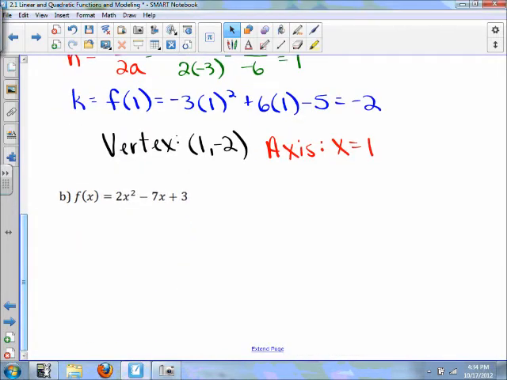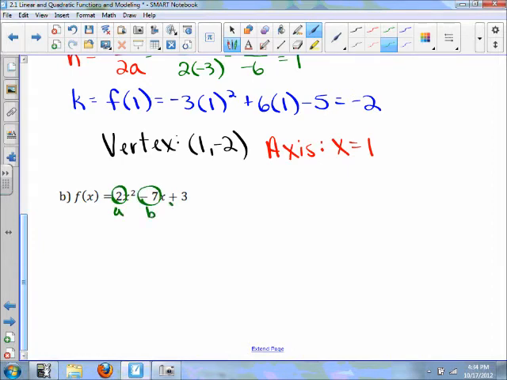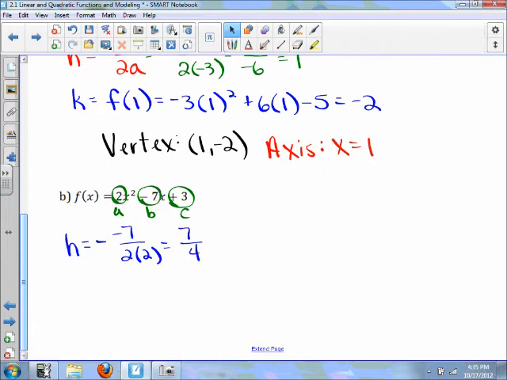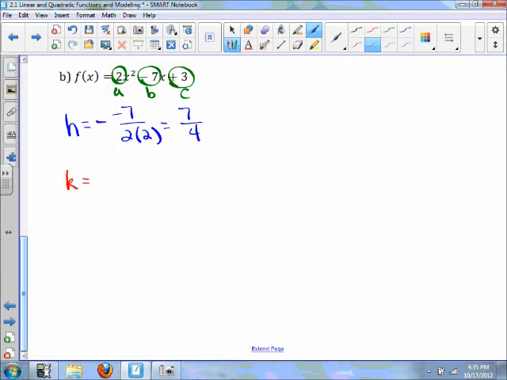Moving on to b, our a value is 2, our b value is negative 7, our c value is 3. So to find the vertex, again, it's negative b over 2a. So actually it'll be a positive 7 over 4. Our k value will be f of 7 over 4.